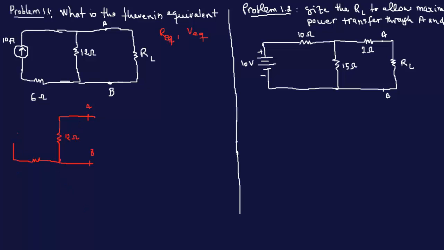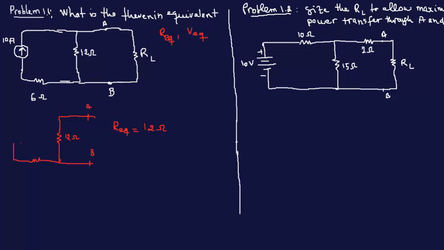This is not connected with anything. It's open, so we don't even count this 6 ohms at all. So Req is equal to 12 ohms. Do not even add these two, because remember we have an open circuit here. There's an infinite resistance going here, and if you add infinite with anything, it's going to be infinite, right?